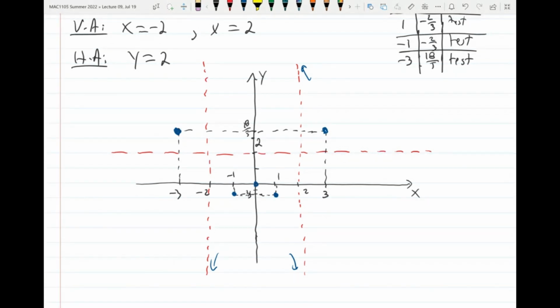And then similarly, because by symmetry, on this side, to the right of this line, we're going up, then to the left of this one, which is the symmetric version, it has to go up as well, okay? And also notice that we have a point over here. So we have to have this behavior. Do you understand this? Okay. That's behavior around vertical asymptotes.